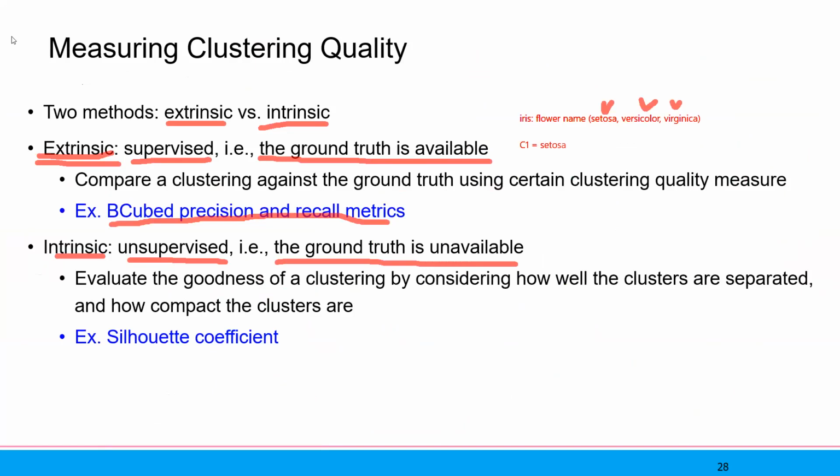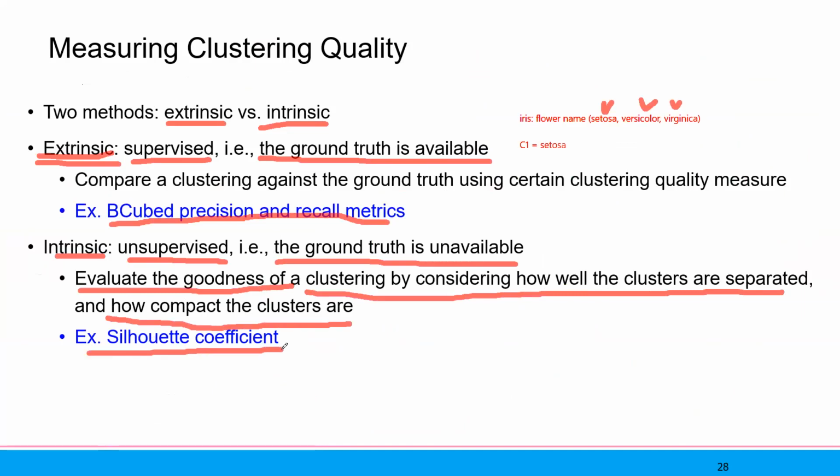So what can we do with that? No ground truth. So we can just check the cluster based on the visualization. So we can evaluate the goodness of the clustering by considering how well the clusters are separated and how compact the clusters are. So we use the silhouette coefficient. This is the silhouette coefficient that you see in the orange.